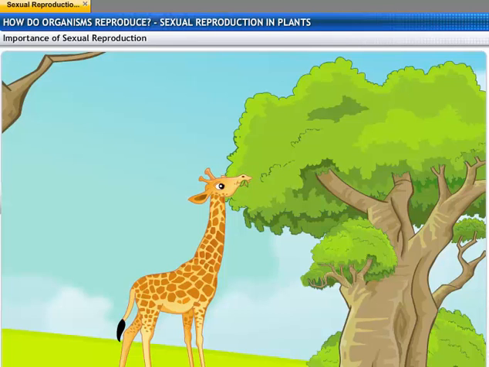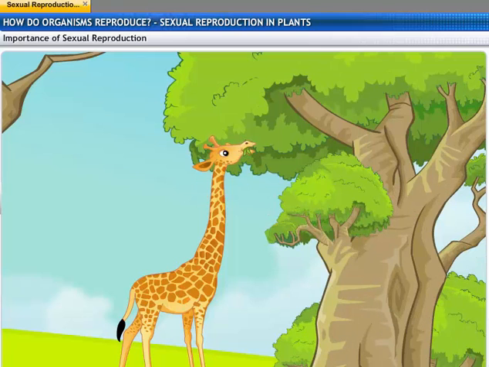For example, over generations, short-necked giraffes evolved to long-necked giraffes because their food was available only high up on the trees.